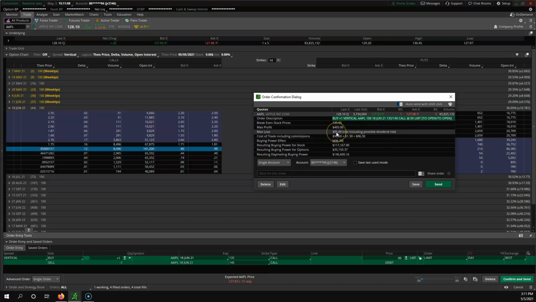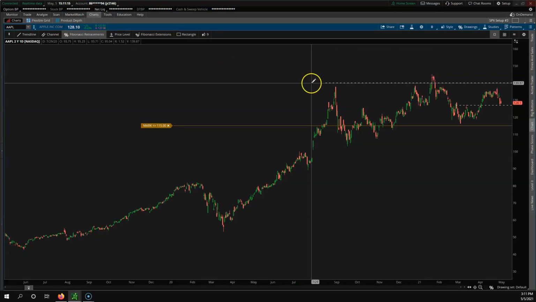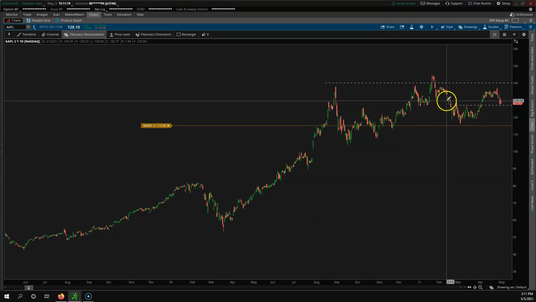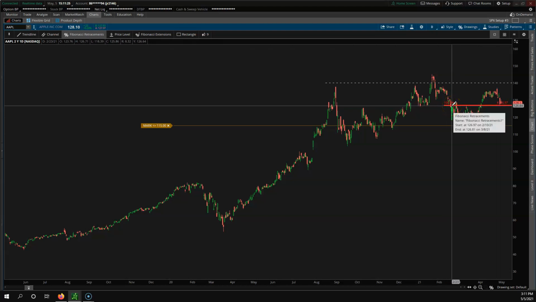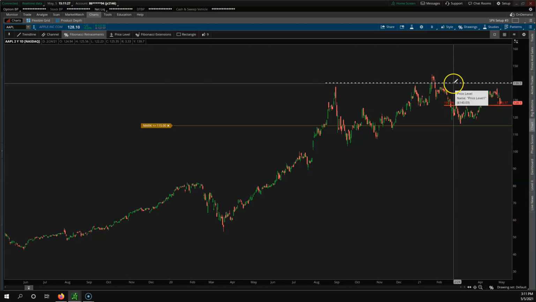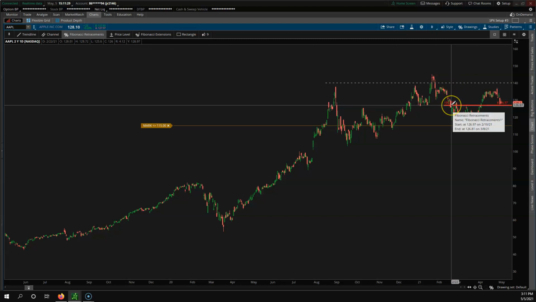And here's the thing, we could be dead wrong on this trade. So let's go back to the chart real quick. And let's say we put this trade on right back here, on this day right here, and we thought we were going to get back up to 140. Well, guess what?